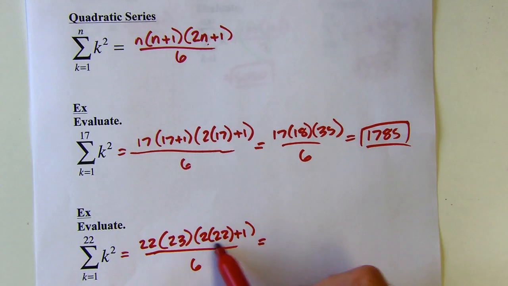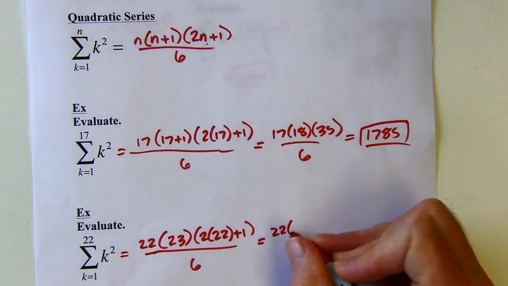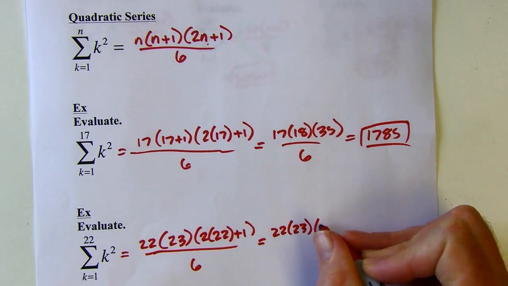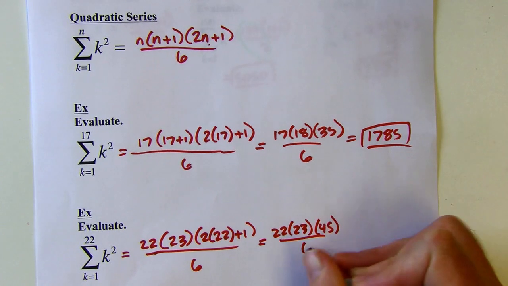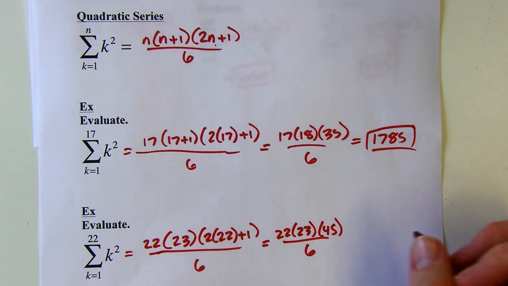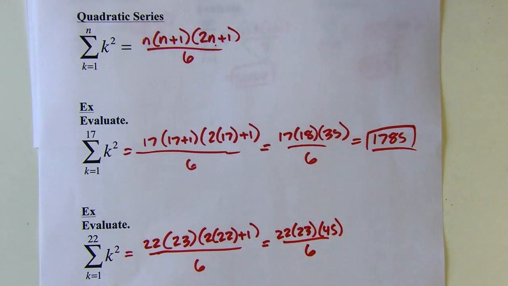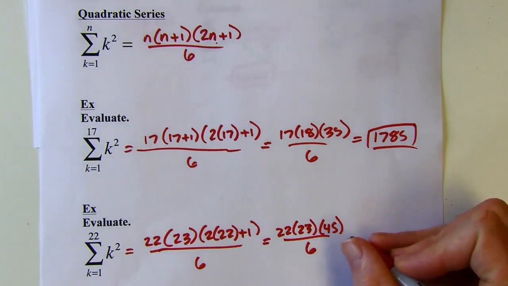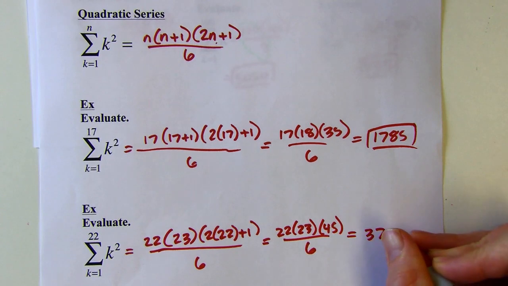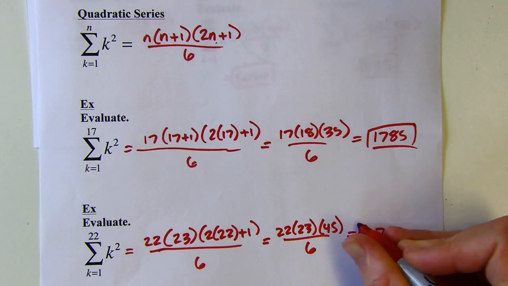So let's see, this is 44 plus 1 would be 45. Okay, and let's see. That's something that I can simplify quickly on my calculator, but it would take me a long time to expand and evaluate that by hand.